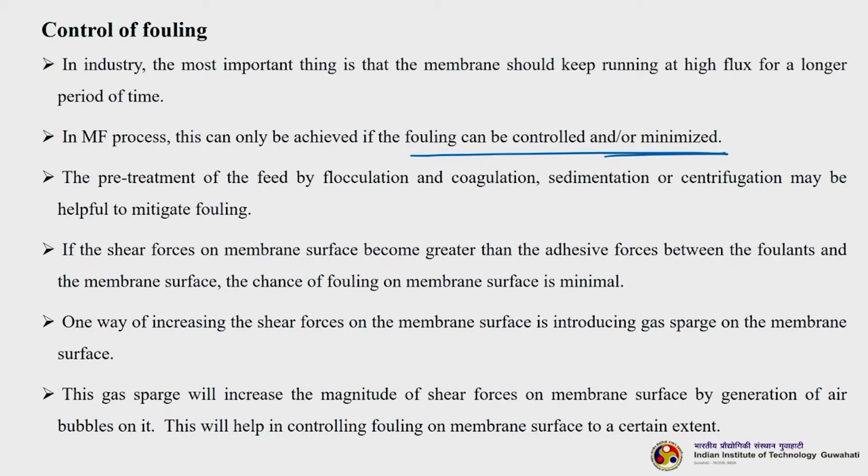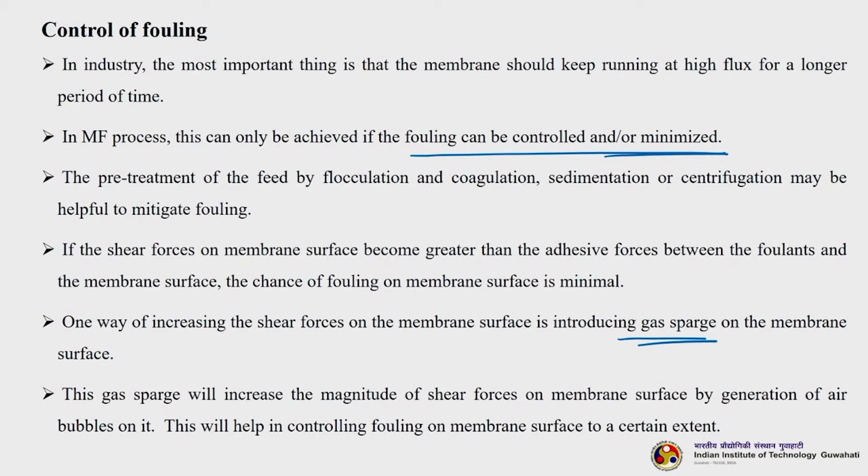If the shear forces on the membrane surface become greater, then the adhesive forces between the foulants and the membrane surface are overcome, and the chance of fouling on the membrane surface becomes minimal. One way of increasing the shear forces is by introducing gas purge. This also we have discussed. Basically, you purge gas, nitrogen or even air, depending upon what solute is inside the feed.